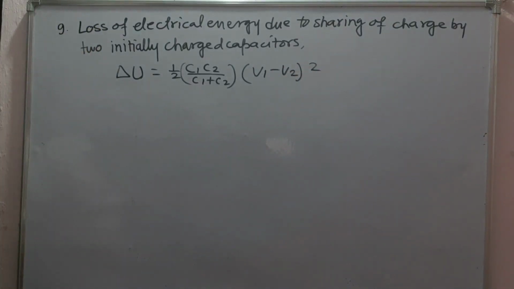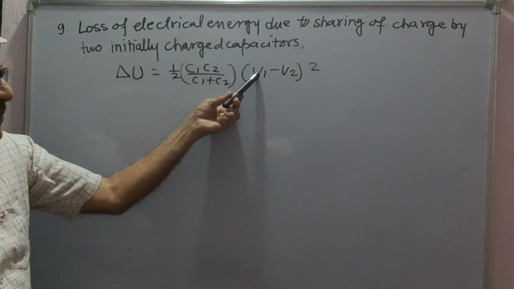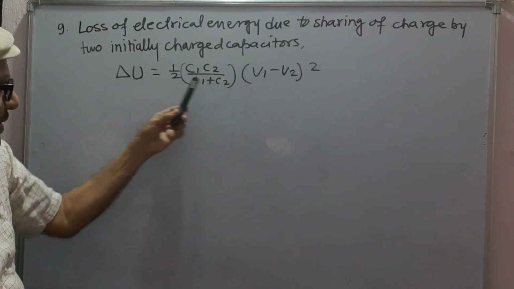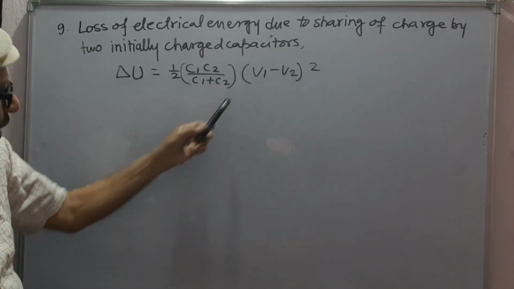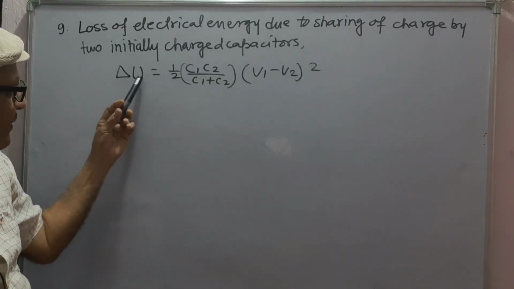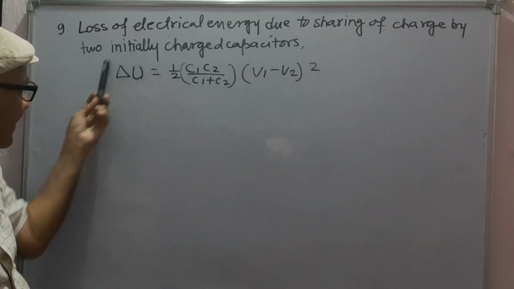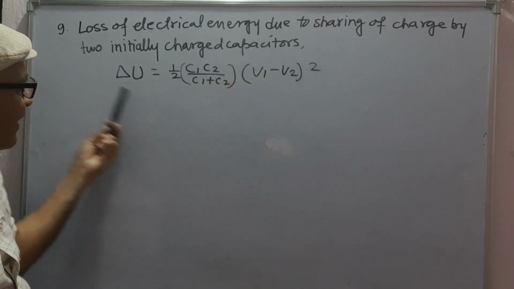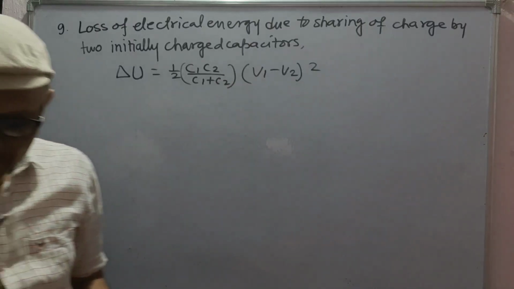Here capacitor C1 is initially charged by a battery of voltage V1, capacitor C2 is initially charged by a battery of voltage V2, and then disconnected from their batteries. The two capacitors are connected in parallel. Then the loss of energy is calculated with this formula.